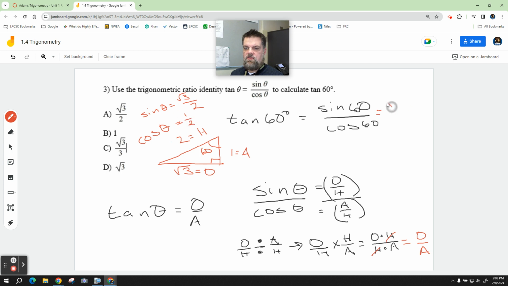So if I say the square root of 3 over 2 all over 1 over 2, I'm really saying the square root of 3 over 2 divided by 1/2. But what do I do? I'm going to say the square root of 3 over 2 times the reciprocal. The 2's cancel, and I get the square root of 3 over 1, which is the square root of 3.